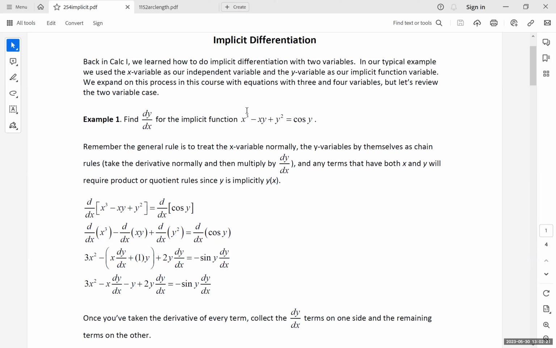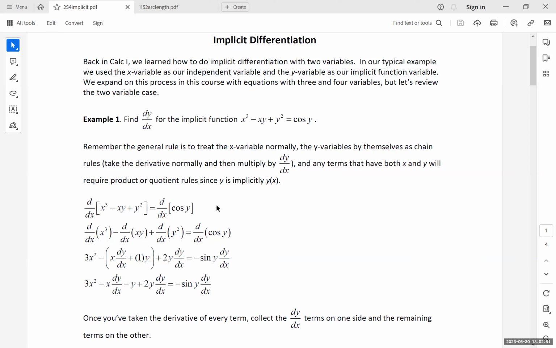The x terms are going to be done sort of normally, but any term that has both x and y in it, since we're treating y as if it were a function of x, we're going to have to apply a product rule, or if it's dividing, a quotient rule, and so forth. So the interactions between x and y are something we have to concern ourselves with.